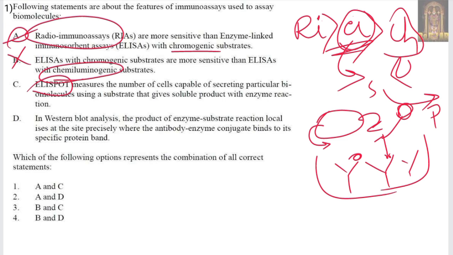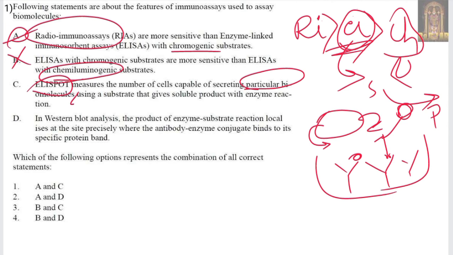And this ELISpot measures the number of cells capable of secreting particular biomolecules. That is true. It is able to detect even each single cell from a population of cells that is able to secrete the particular biomolecules, which can be detected via this capture antibody.